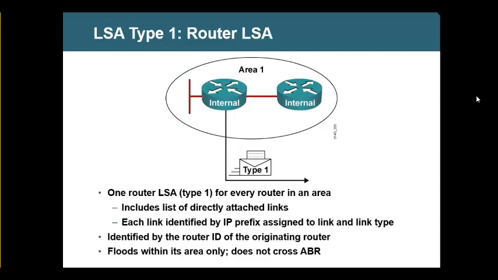This does not cross the border. So router LSA is not sufficient to distribute the routes throughout the autonomous system. That's why we have other LSA types.